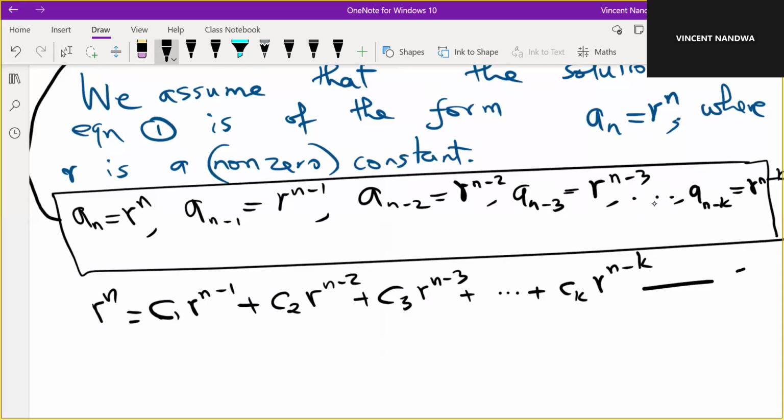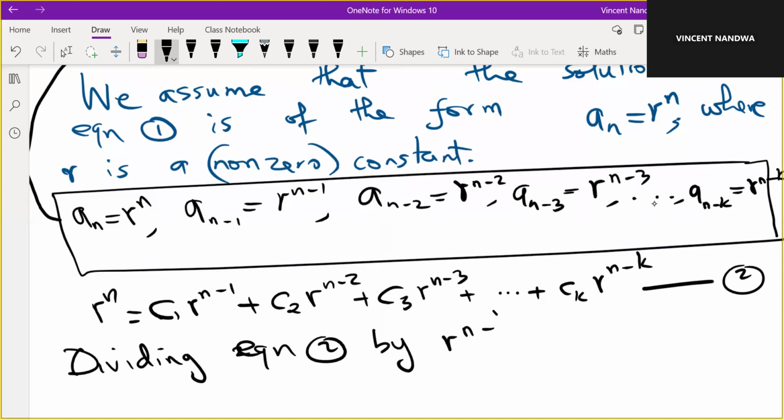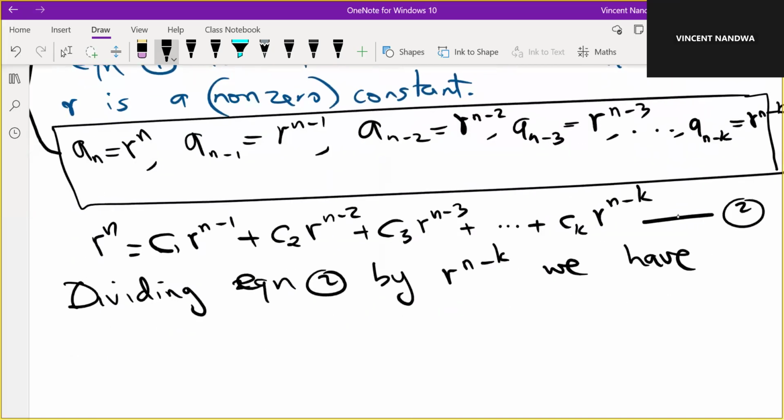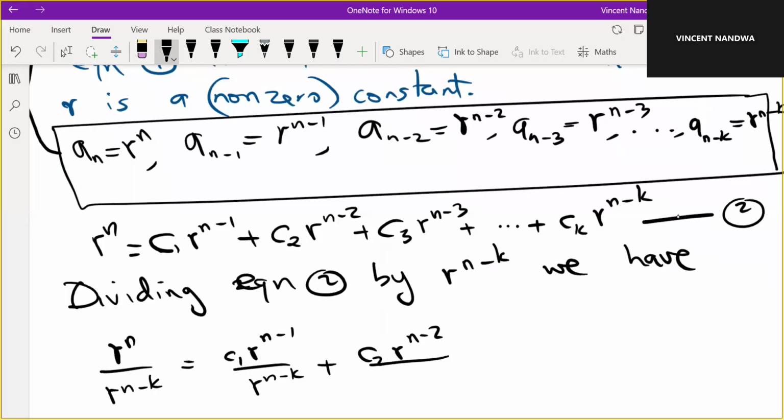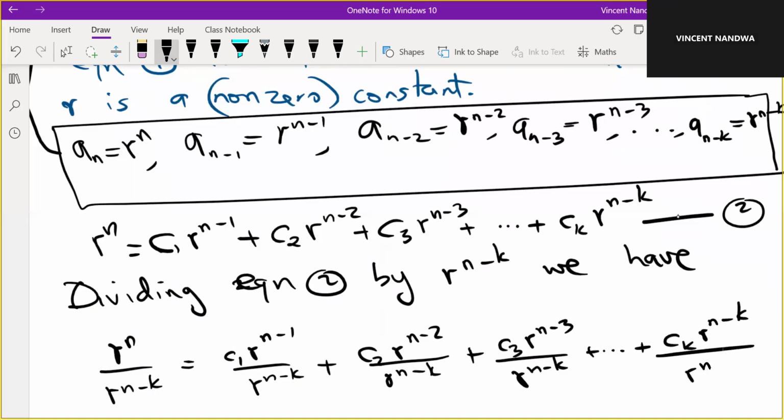So if I call this one equation 2, dividing 2 by r power n minus k, we have r power n over r power n minus k equals C1 r power n minus 1 over r power n minus k plus C2 r power n minus 2 over r power n minus k plus C3 r power n minus 3 over r power n minus k all the way up to plus Ck r power n minus k divided by r power n minus k.